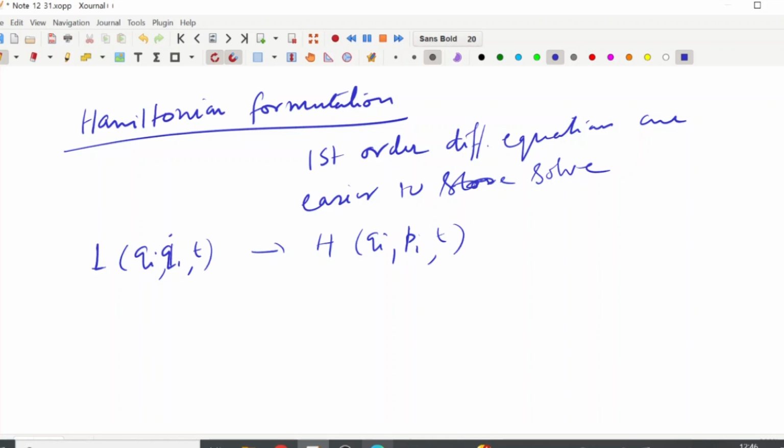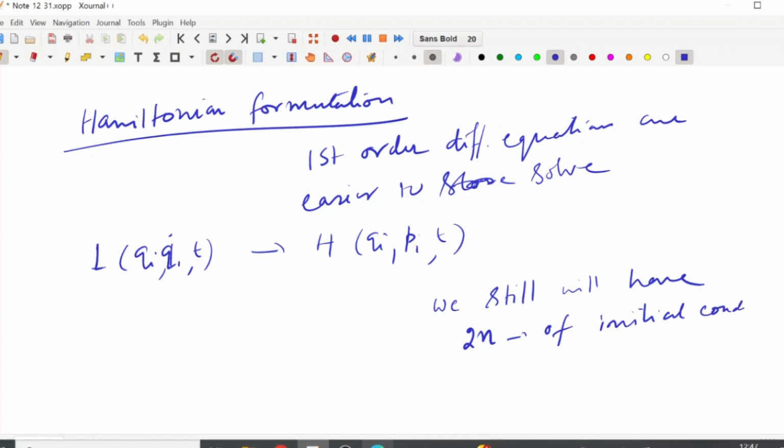If it is possible, then we get first order differential equations, but the initial conditions will be the same. So, for the same system with n degrees of freedom, we still have 2n initial conditions.